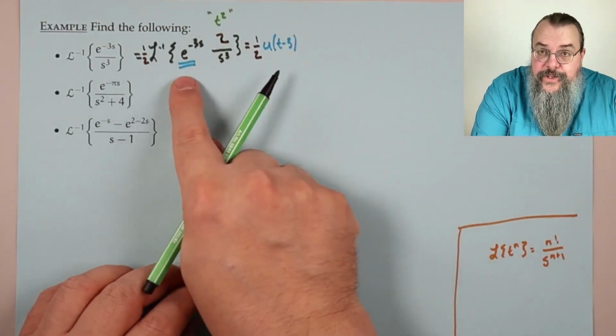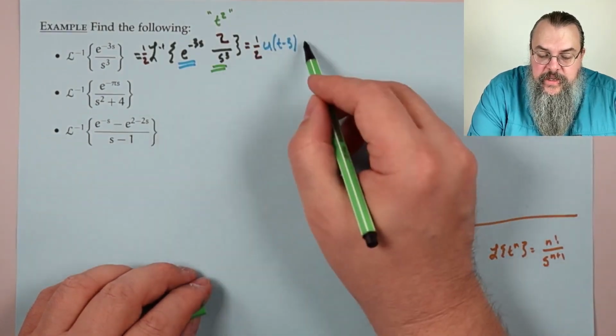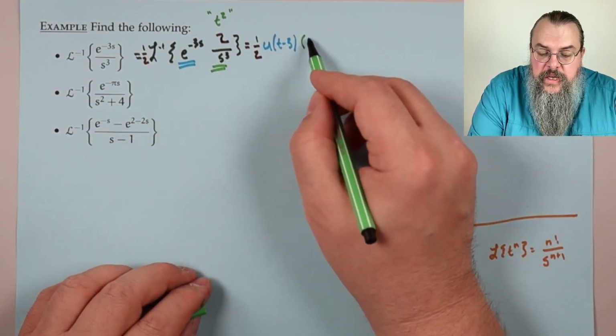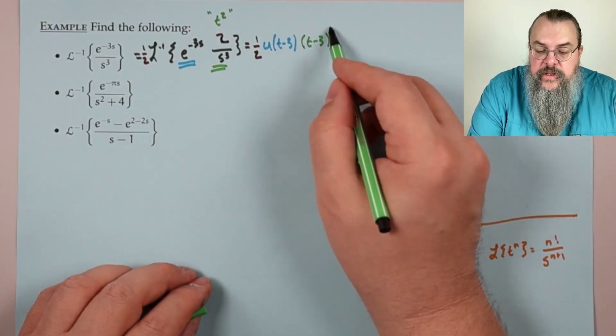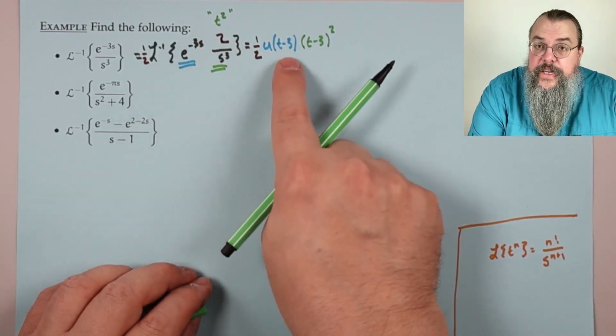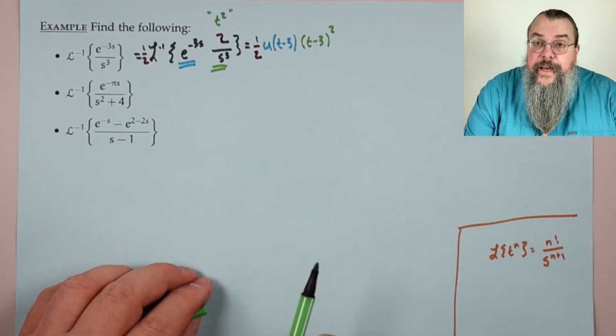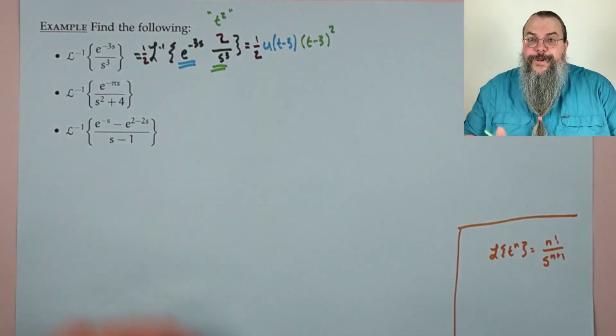However, because of the shift it's attached to, it won't be t squared, it will be t minus 3 squared, right? So just take the function and carry out the right shift. So everywhere you see t, put t minus 3. And that's it. We're done.